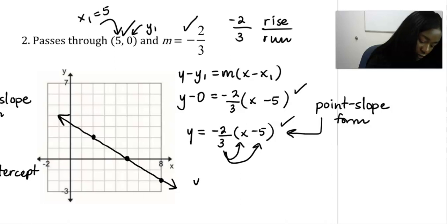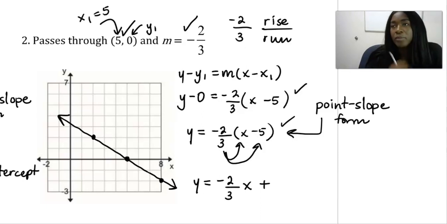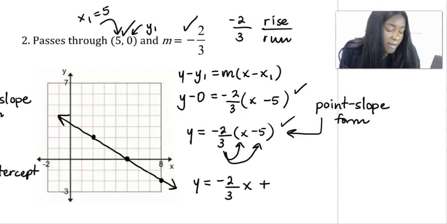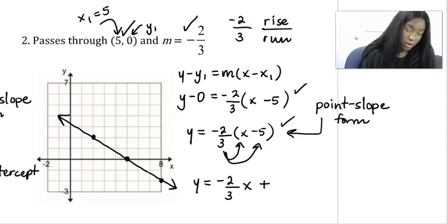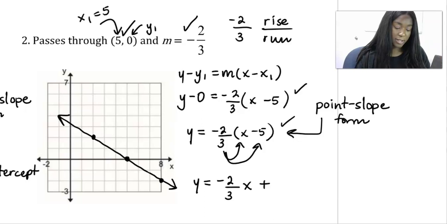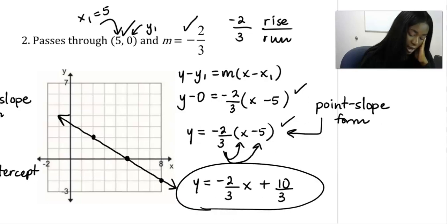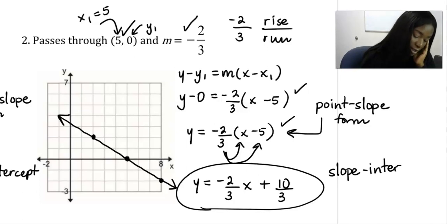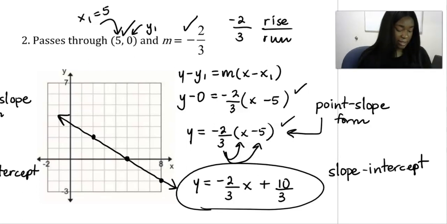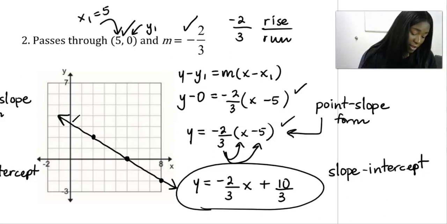We distribute that -2/3 to have -2/3 x plus, distributing the -2/3 to the -5, multiply straight across the top and straight across the bottom. The 5 has a denominator of 1, even though we don't see it, and this will give us plus 10/3. So there is the line now in slope intercept form. We can see that the y-intercept of that line is 10/3, which is a little bit more than 3, and that matches up with what we see on the graph as well.